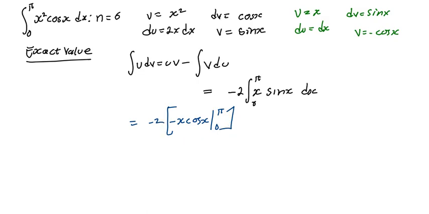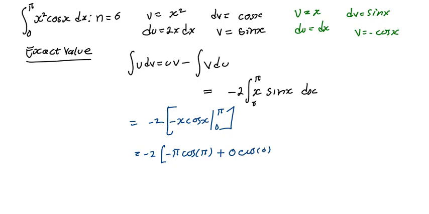So this is going to be minus 2 in the brackets. You substitute here. That's going to be minus pi cos pi, like that, then minus, but it will be plus actually because of this negative here, so that is going to be 0 times cos 0.